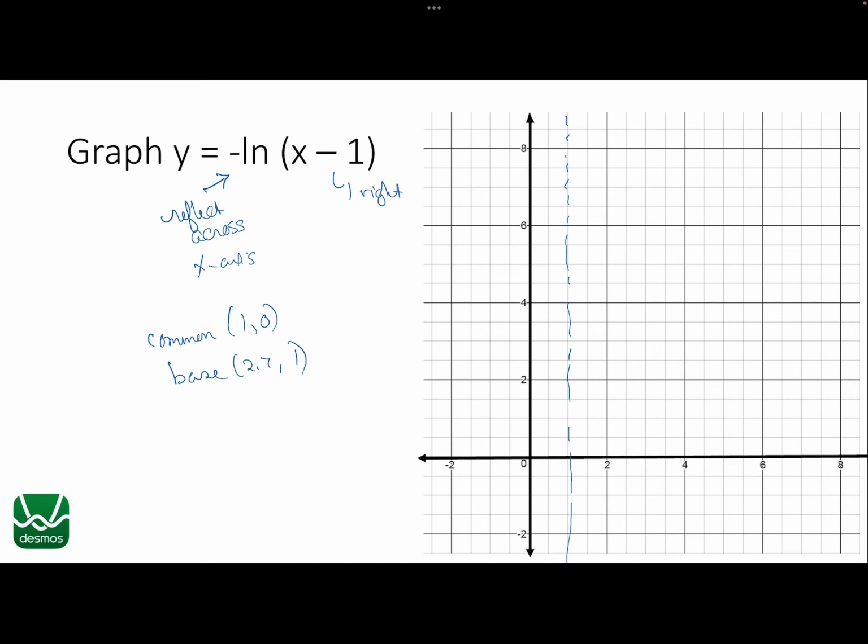I want it to be at 1, 0, but now I need to move that point 1 to the right. I want it to be at 2.71 to the right and 1 up, and now I have to move it 1 to the right.